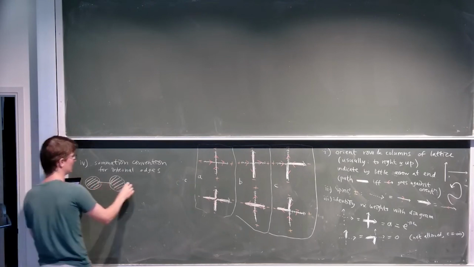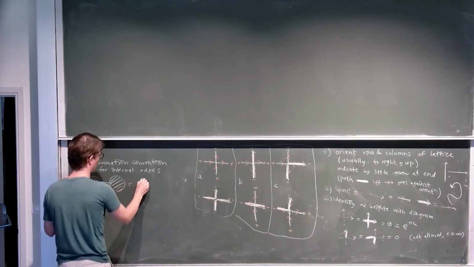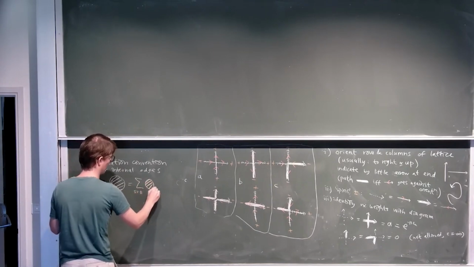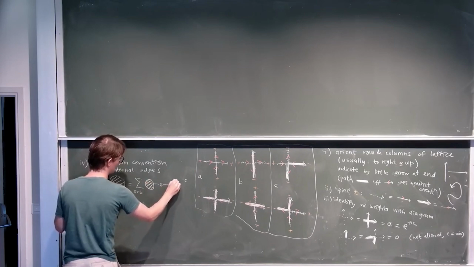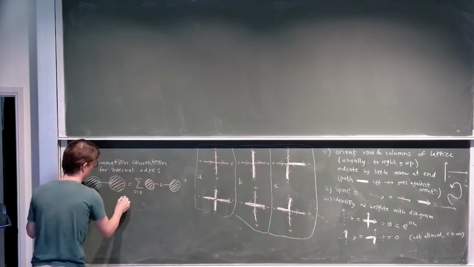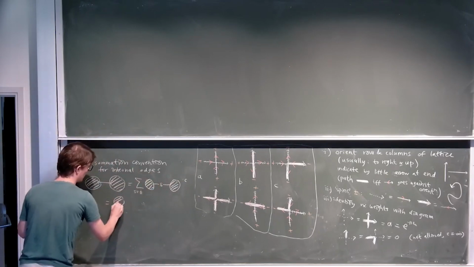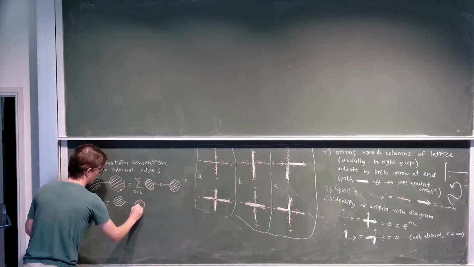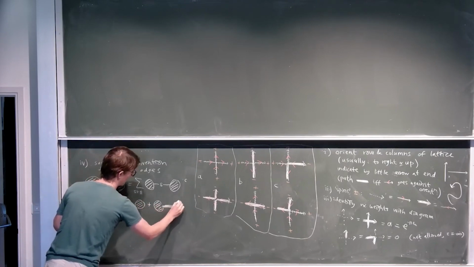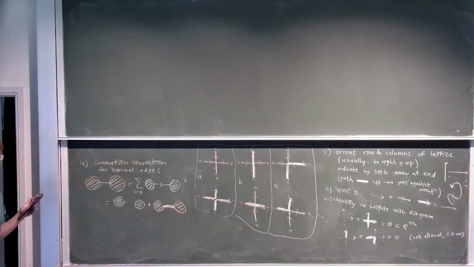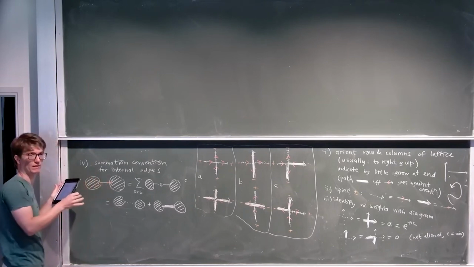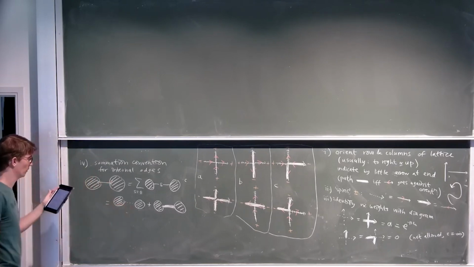But if there's an internal edge like this, then what I mean is, well, it's supposed to be a sum over internal spin configurations, plus or minus, sitting on that edge. And now graphically, I can use my notation for these internal spins. So this means that I have this with a dotted line, plus this with a thick edge in between. Okay, so whenever you see an edge connecting two vertices, so it's internal, then you sum over it.